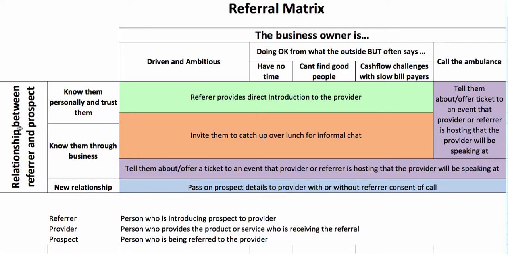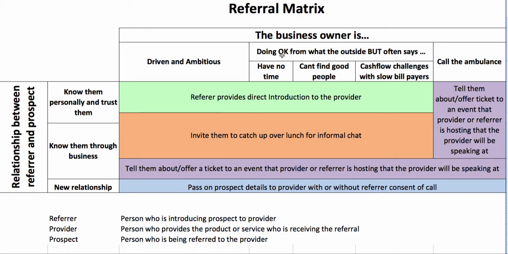So first of all, the relationship between the referrer, you, and the prospect, the person you know who the coach may be able to help. Now, the second axis is about what the business owner is, and this may be some of the things that you've heard them say. So you might have a business owner who you know who is driven and ambitious. They're just one of those people who will kick down doors and make stuff happen.